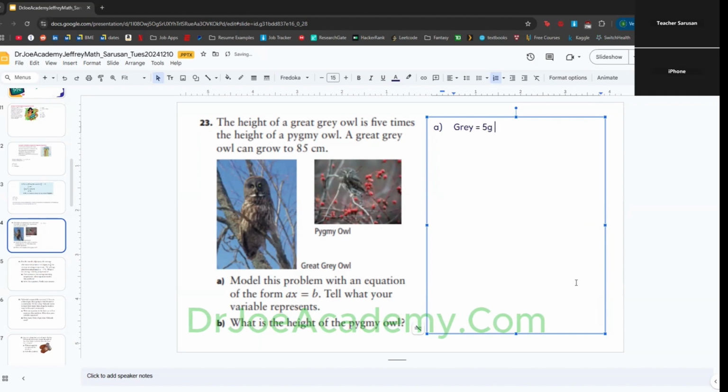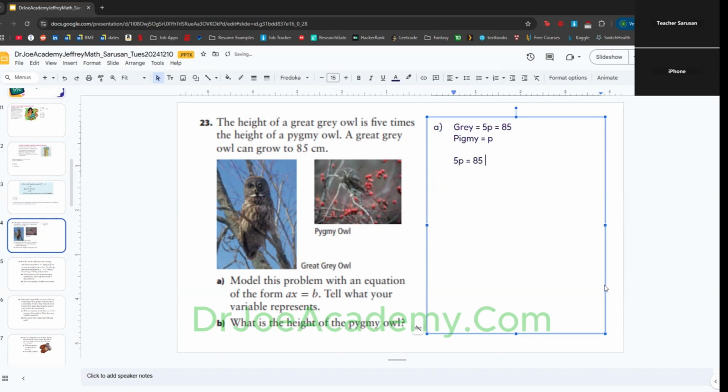All right, excellent. So gray owl is 5 times the size of the pygmy. So we can say this. Pygmy equals p, and gray owl is also 85. Like you said, simply divide by 5, which is what we have up here. We have 5p equals 85. P equals, what does this end up equaling?